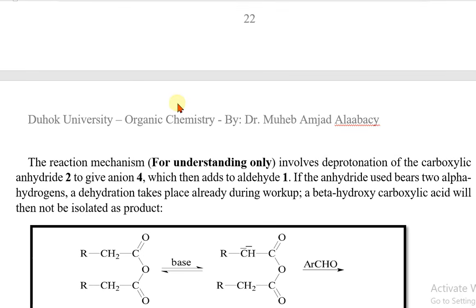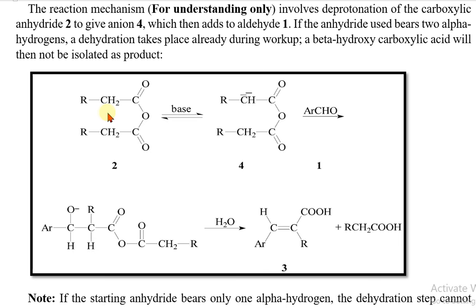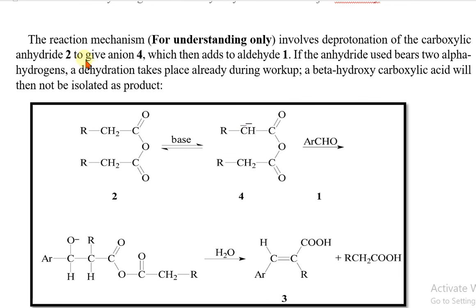So the reaction mechanism, for understanding here, only involves deprotonation of the carboxylic acid anhydride to give anion 4, and then this anion, as a carbanion, will react with this aldehyde to give you this intermediate.